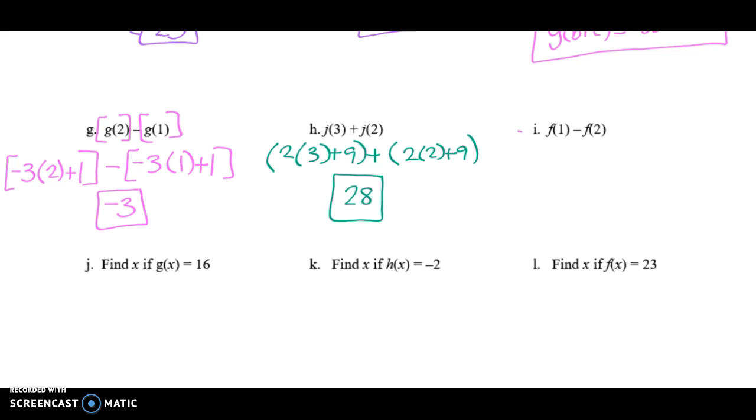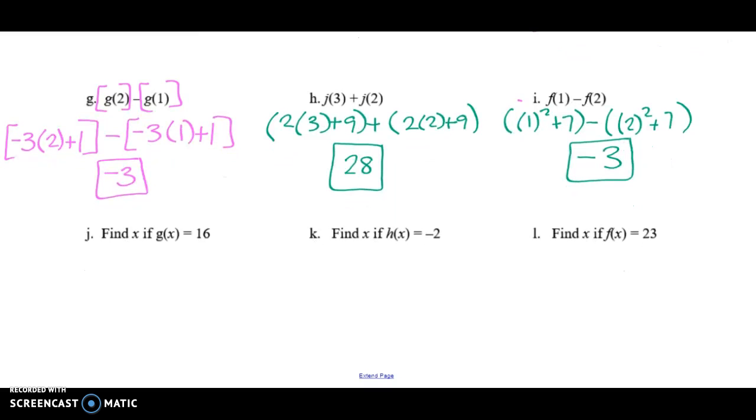So J of 3 plus J of 2 was 28. F of 1 minus f of 2 comes to a negative 3. So what do you think? Not so bad, right?